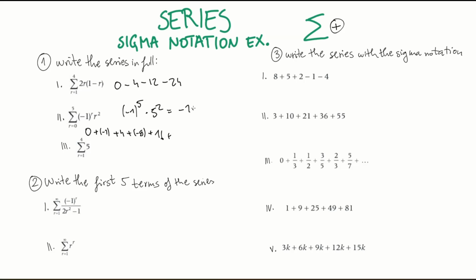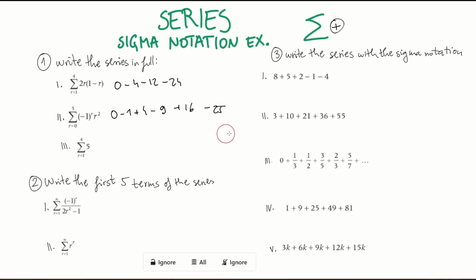This is just minus 1 times 25, which is minus 25. And we can rewrite this with all the signs, so we get 0 minus 1 plus 4 minus 9 plus 16 minus 25.